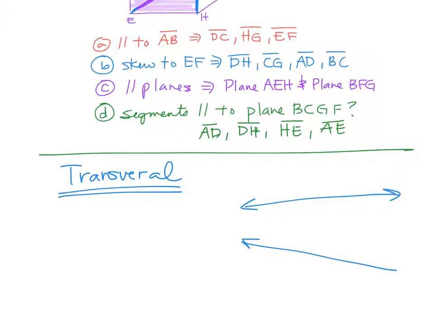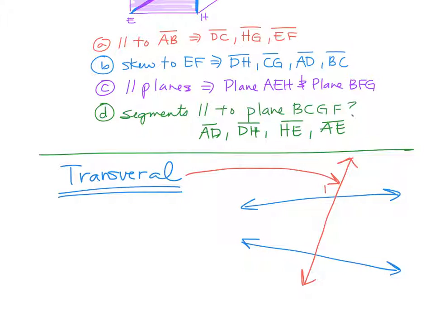We're most of the time going to work with a transversal when there's parallel lines, but the lines don't have to be parallel to have a transversal. Your transversal is just a line that intersects 2 or more coplanar lines. So if I draw a line through this here, this we would call our transversal because it's cutting through the 2 blue lines, all right?